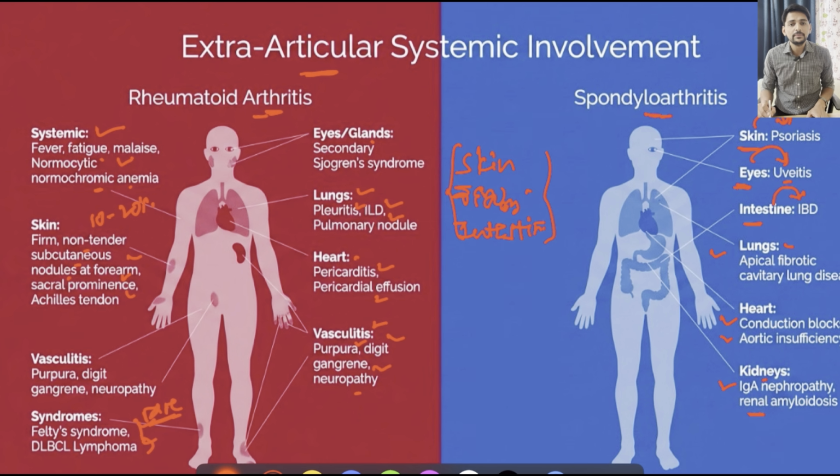So whenever you are thinking of inflammatory arthritis and to differentiate RA and spondyloarthritis, just first search for this rhyme, skin, kannu, intestine. If it is involved, it is probably spondyloarthritis. If other than these, some other structures are involved, think of RA.